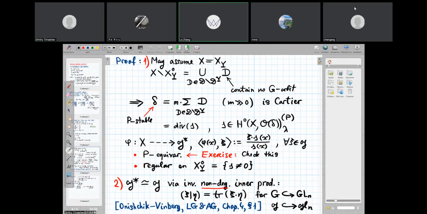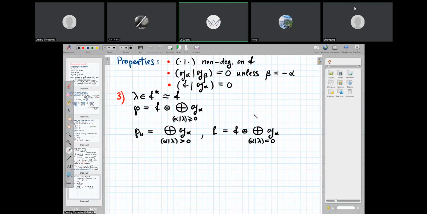So we can decompose the algebra of P by the positive roots under lambda, right? Well, let me just draw a picture, and then maybe some questions will be clarified because the picture is self-explaining.